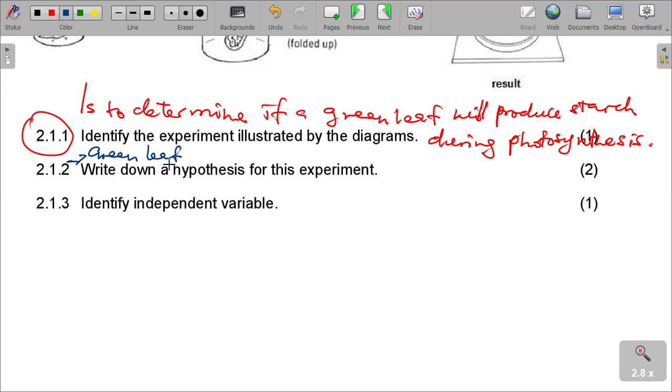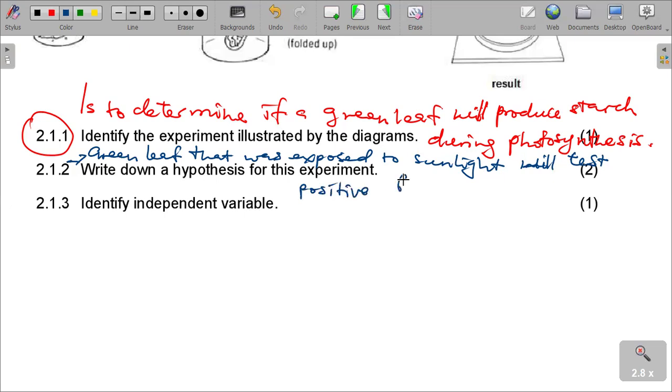A green leaf that was exposed to sunlight will test positive for starch.